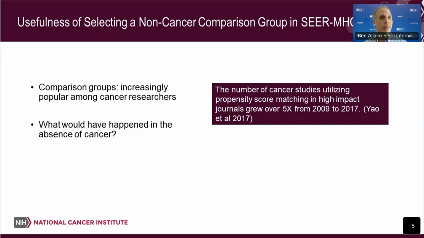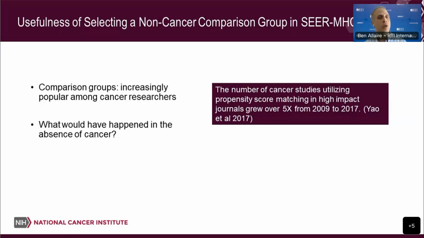The selection of comparison groups is increasingly popular among cancer researchers. I have this little bullet over here that says the number of cancer studies utilizing propensity score matching, so it's matching techniques, in high impact journals grew over 5 times from 2009 to 2017.